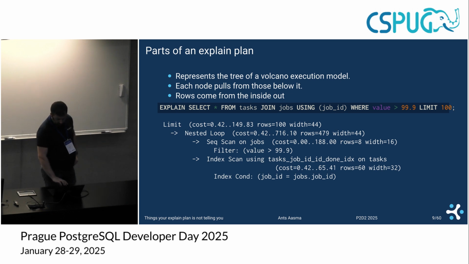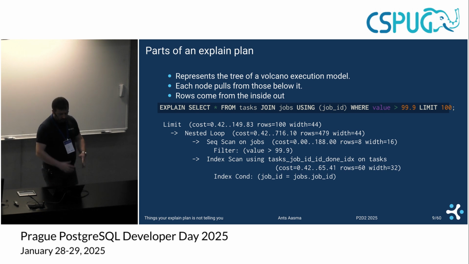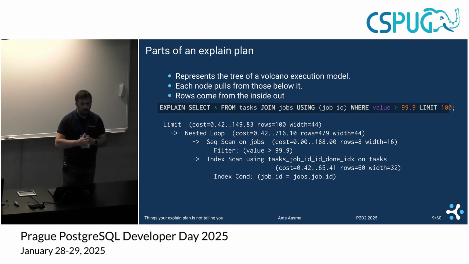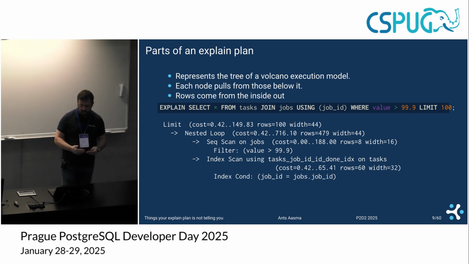The important part here is the costs. You should mostly be looking at the second number there. That is the planner's idea of how much this node is going to cost to run. The unit of the cost is not important. It's some arbitrary unit. Hopefully it's correlated with the time that the node will take.